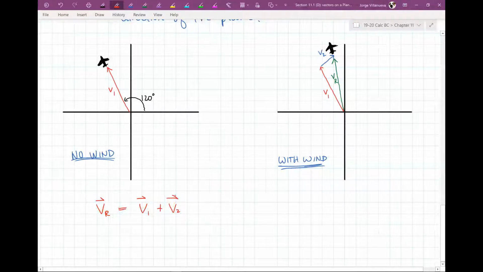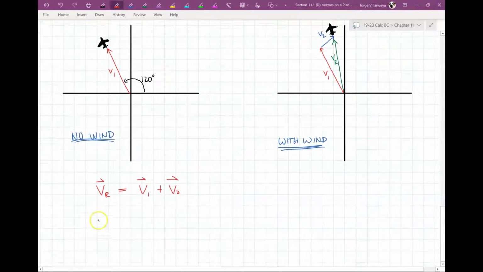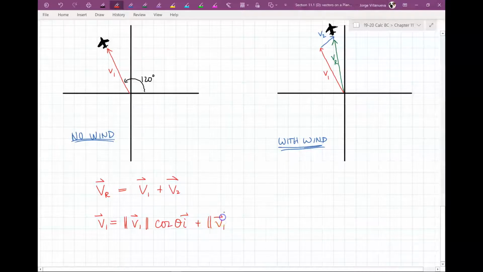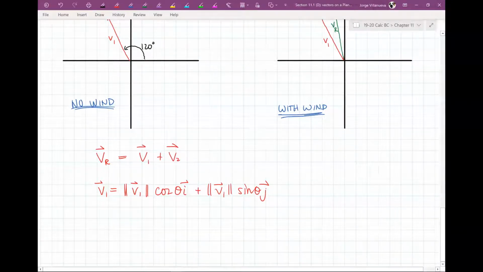All right. So what's V sub 1? That would be magnitude of V sub 1 cosine theta i plus magnitude of V sub 1 sine theta j. Do I know the magnitude of V sub 1? Read the problem. V sub 1 is the initial speed of the plane, 500, right?